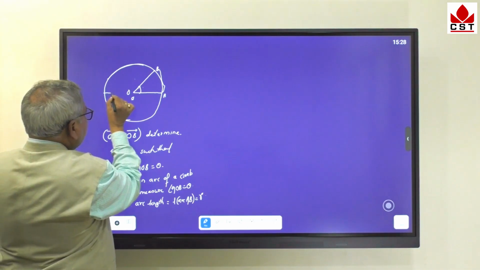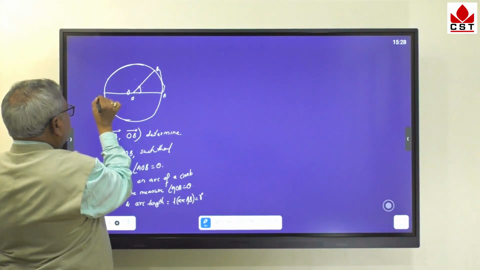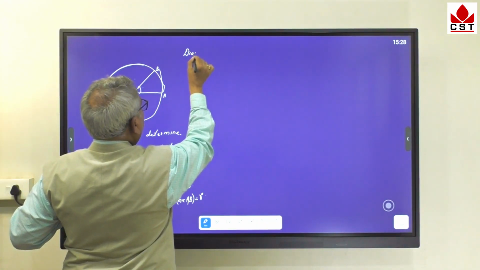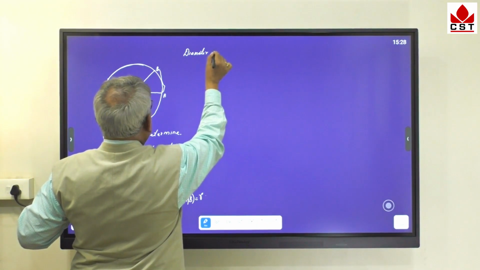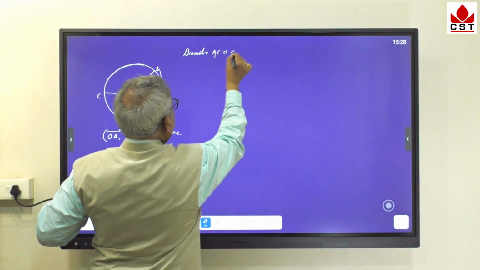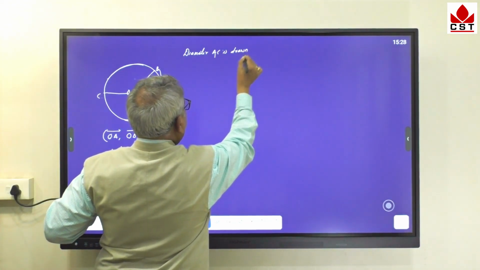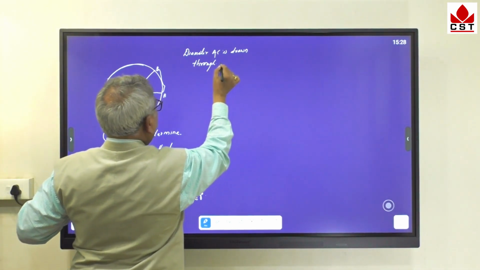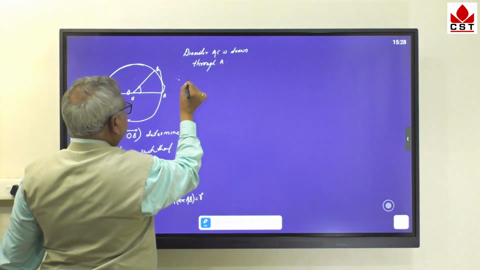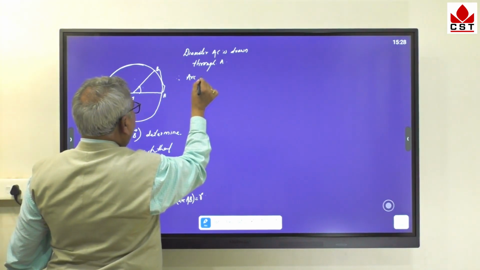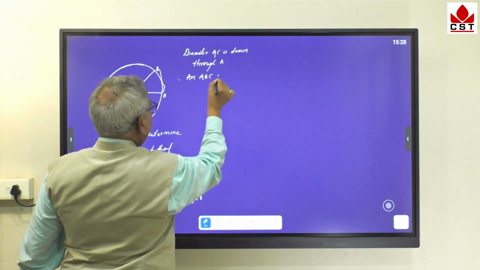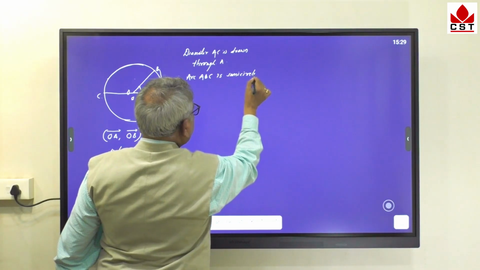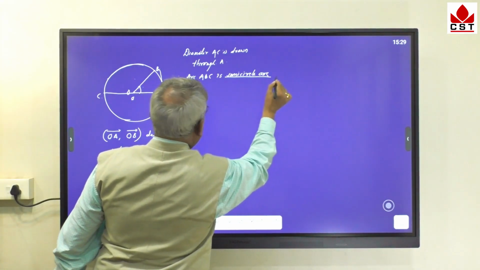Take a construction here. Diameter AC is drawn through A. Therefore, arc ABC is a semicircular arc.